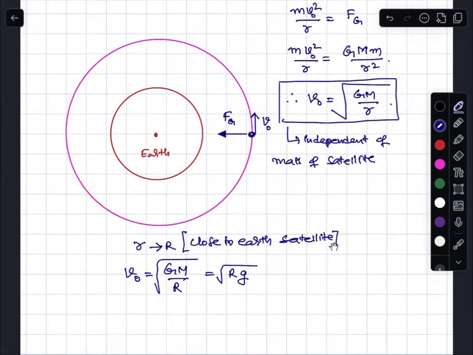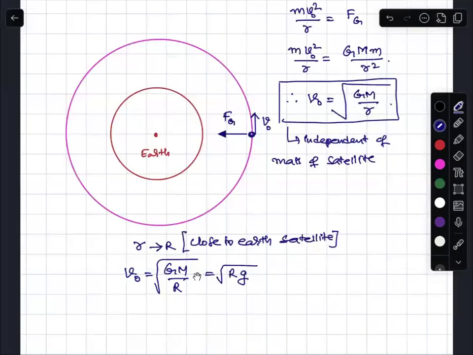Now, one point, just tell me, as you move away from the center, what happens to the orbital velocity? Will this increase or decrease? As you move away from the center, it will decrease. So related to orbital velocity, my point is very clear.